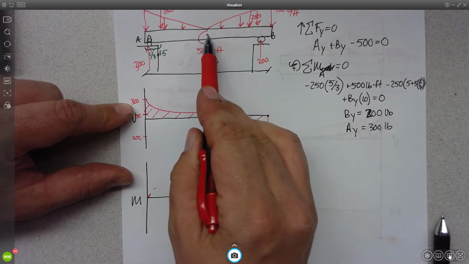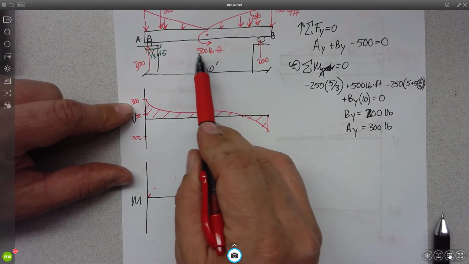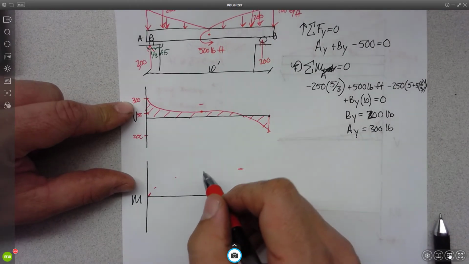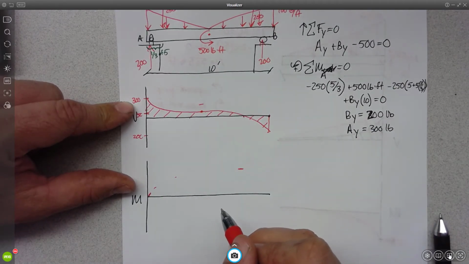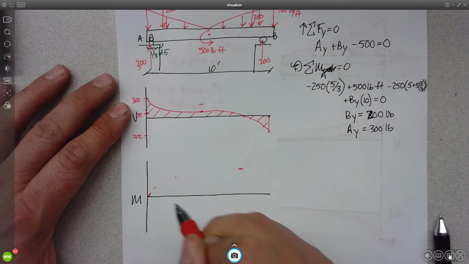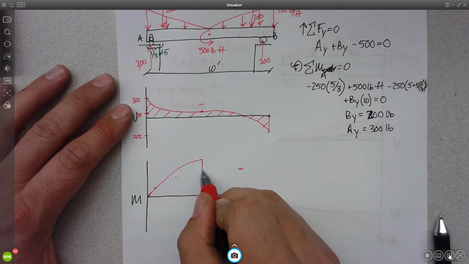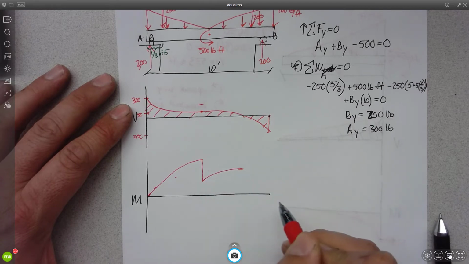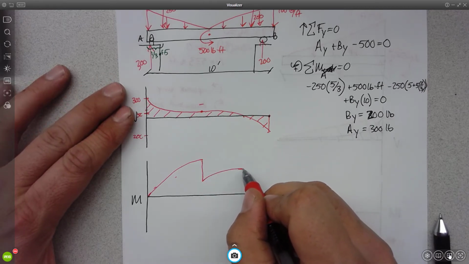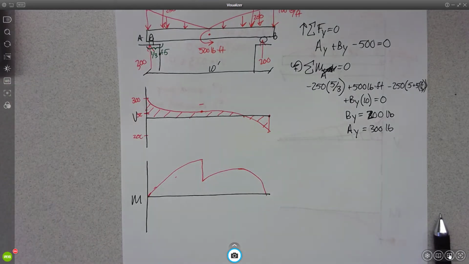What happens at this point in my graph? I jump down, right? Because this causes a jump down. So we know that our graph is going to look something about like this. Jump down. I think that's what our graph's going to look like.